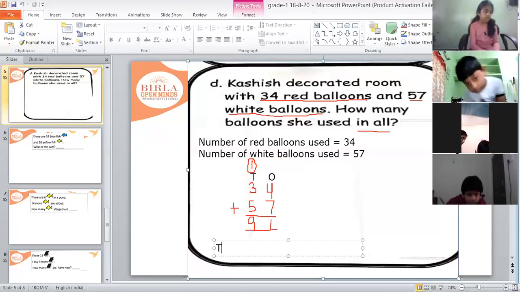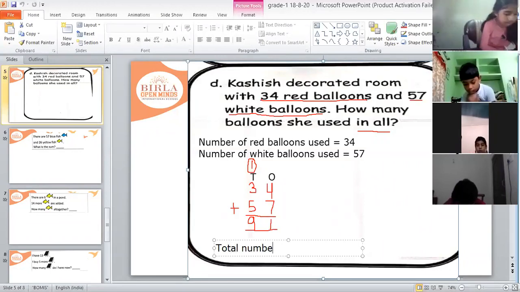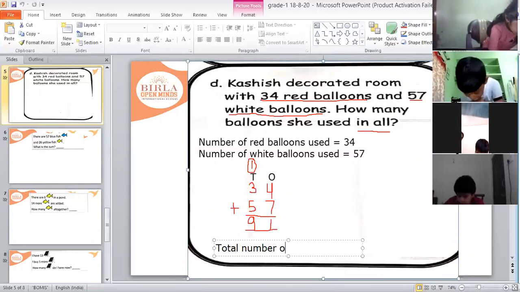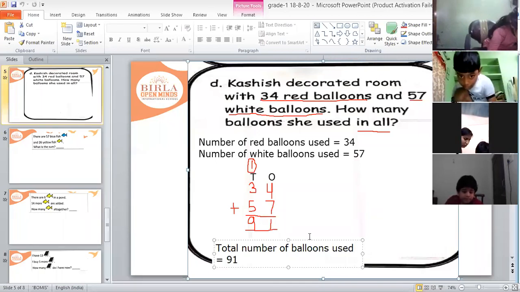So this is: total number of balloons used equal to 91. So total number of balloons used equal to 91.